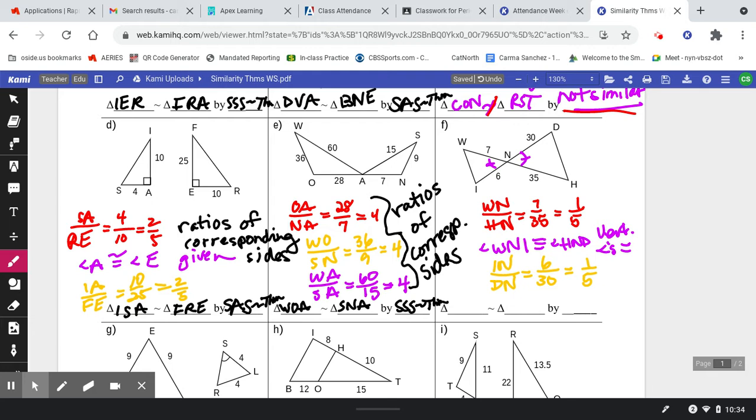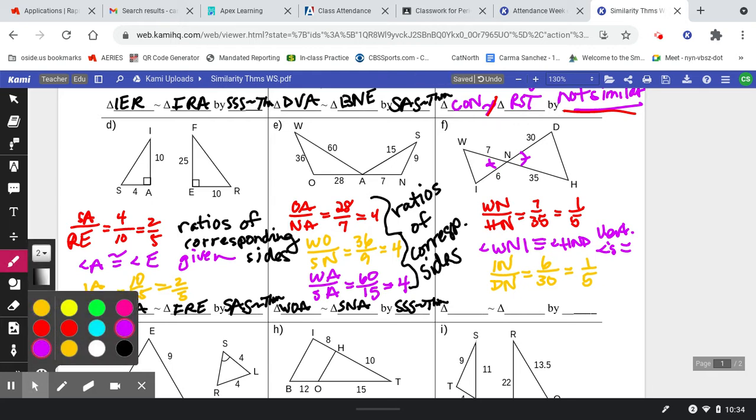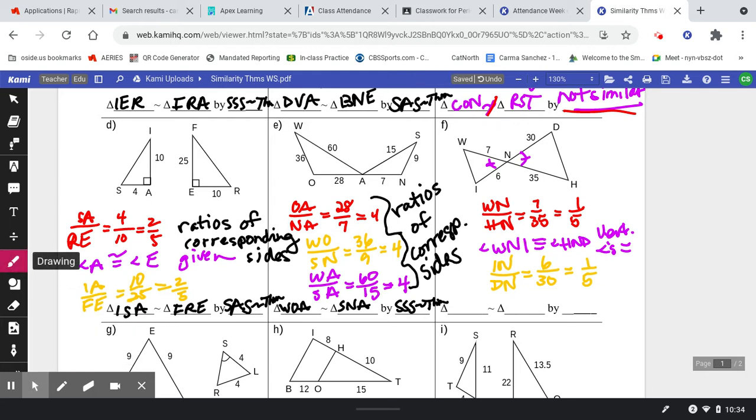You'll notice the 1/5 on both the top and the bottom, so I can use the ratios of corresponding sides. And I can say that triangle WIN is similar to triangle HND by side angle side similarity theorem.